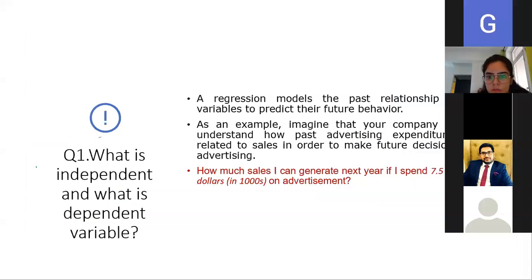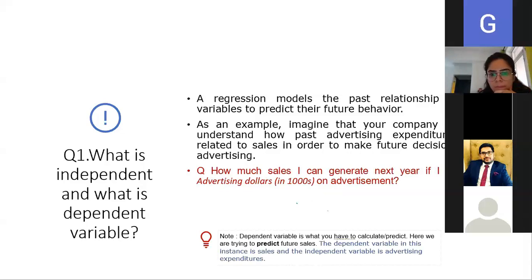So how much sales can I generate next year if I spend 7.5 advertising dollars on advertisement? That is a kind of question you can answer using regression. A regression models the past relationship between variables to predict their future behavior.